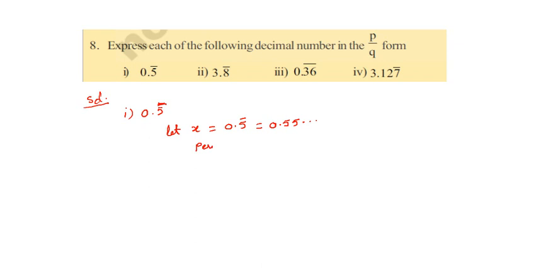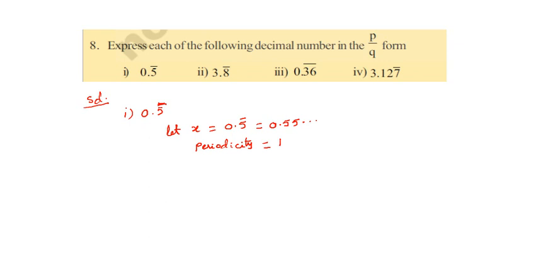Periodicity means the number of digits in the recurring part of the decimal part. What is the recurring part? 5. That means how many digits are there? 5 means only one digit. So periodicity is 1.